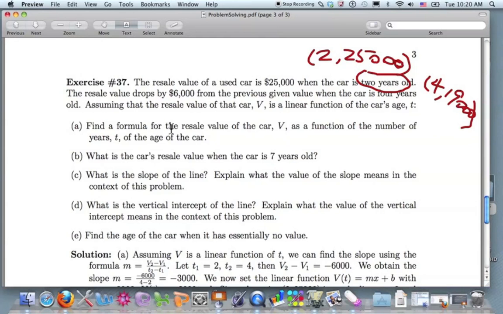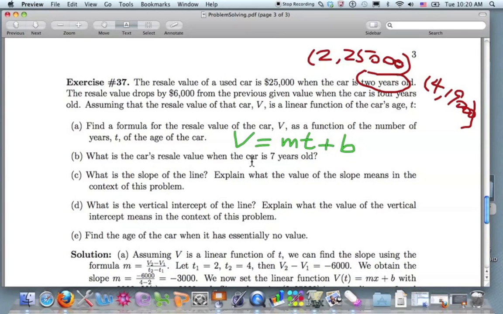Now, assuming that the resale value V is a linear function of the car's age t, we need to find a formula V equals. Since the function name is V and the variable name is t, and it's linear, we have V equals mt plus b.